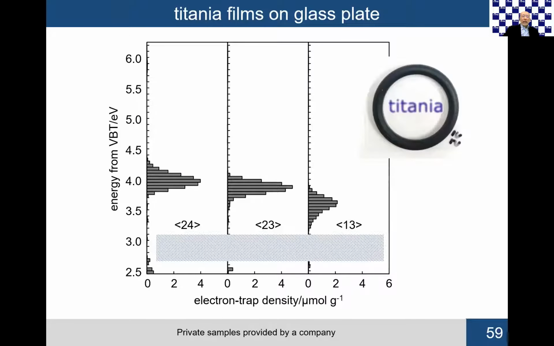And this is the result of transparent titania thin film with thickness of about 500 nanometer or thicker. They are prepared by different techniques with the same precursor. These samples are provided by a private company, and it is impossible to disclose what they are. But this is titania prepared in different ways.